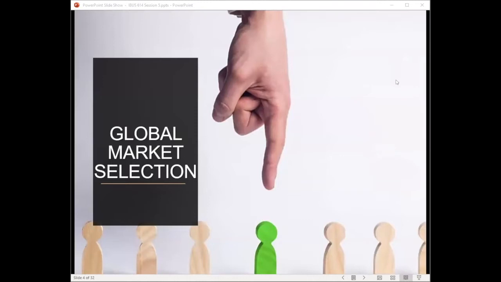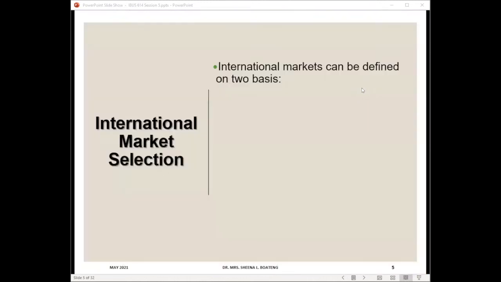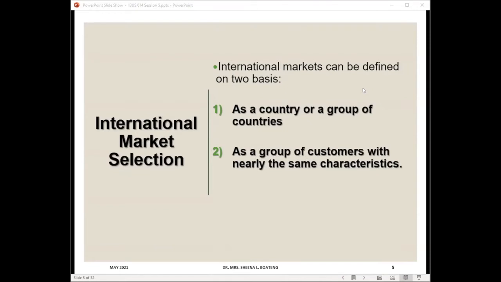So when we say global market selection, what are we talking about? We are talking about the fact that there are certain bases by which international markets can be defined. And we have talked about these severally, including how they are defined in terms of a country or group of countries when we are describing a region, as well as a group of customers with nearly the same characteristics, which we discussed when we were talking about market segmentation and targeting and positioning.